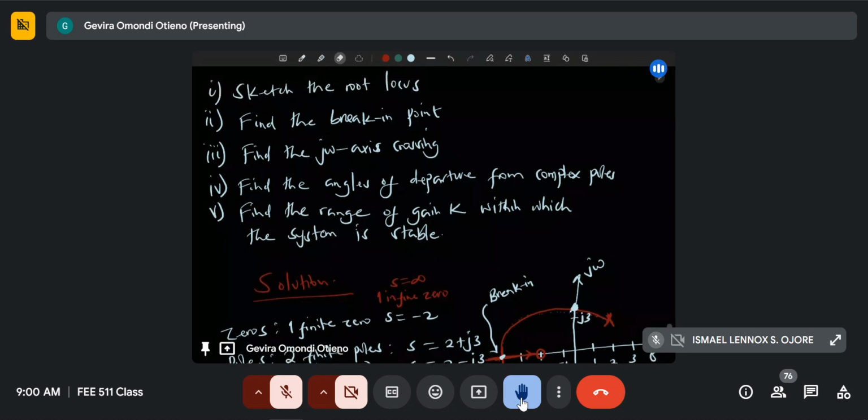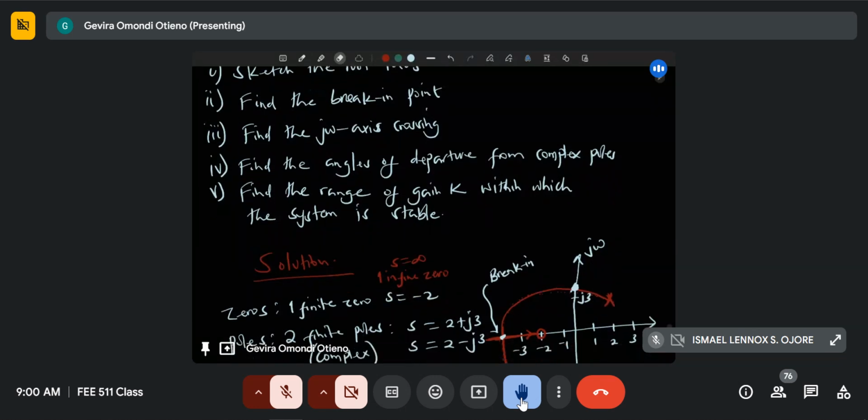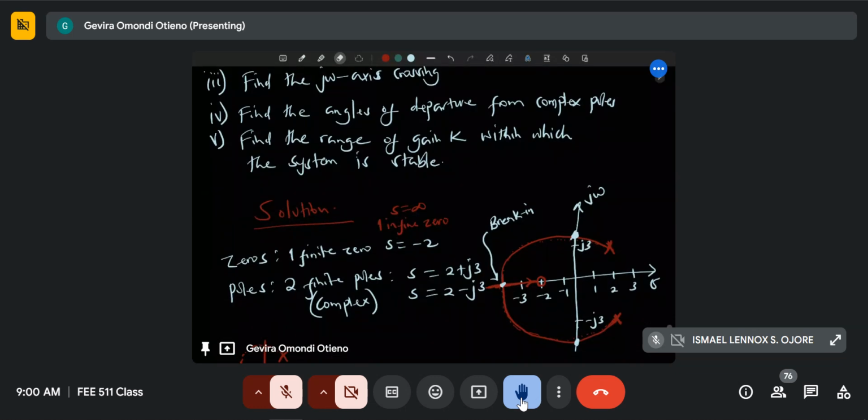And as they move in a conjugate manner, they're all symmetrical around the imaginary axis. The more you draw root locus, the more you become conversant. You can tell the direction of the root locus just by looking at the location of the poles and the location of the zeros. Once you have that, it is very easy for you to know how to sketch the root locus. Remember, it is a sketch.